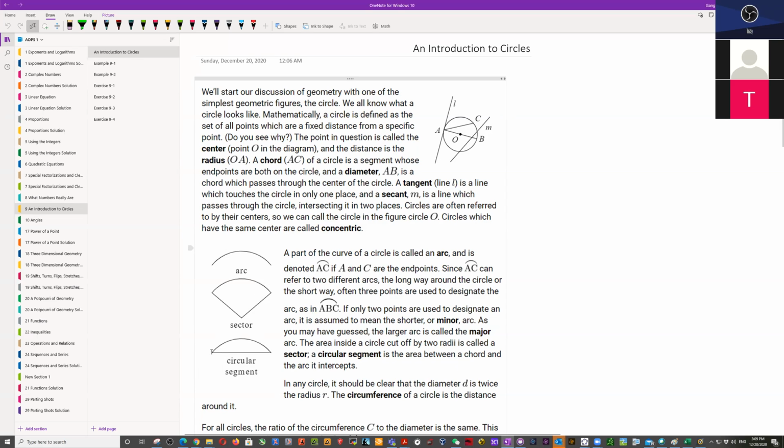So basically you're cutting off a piece of the circle by a line segment. That way, when people talk about a circular segment, you will not mix it up with a sector.